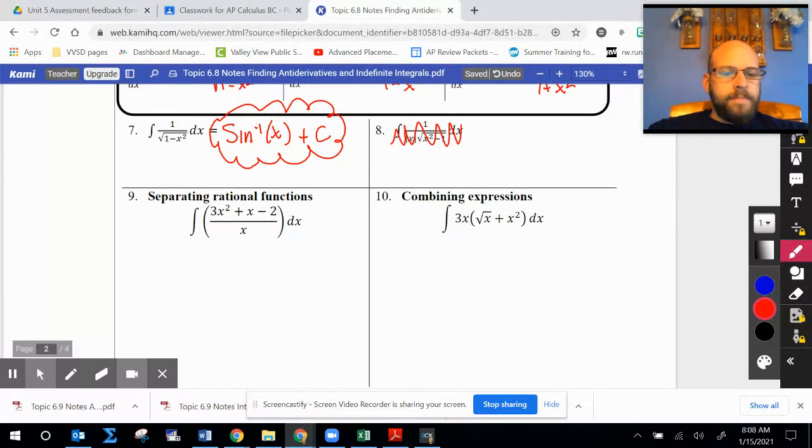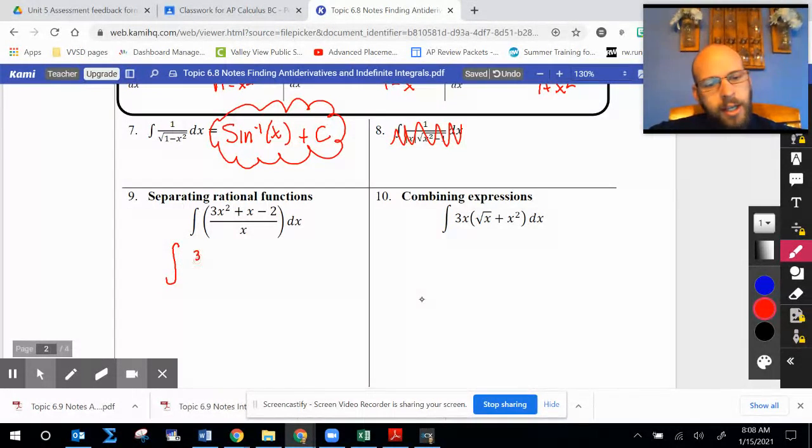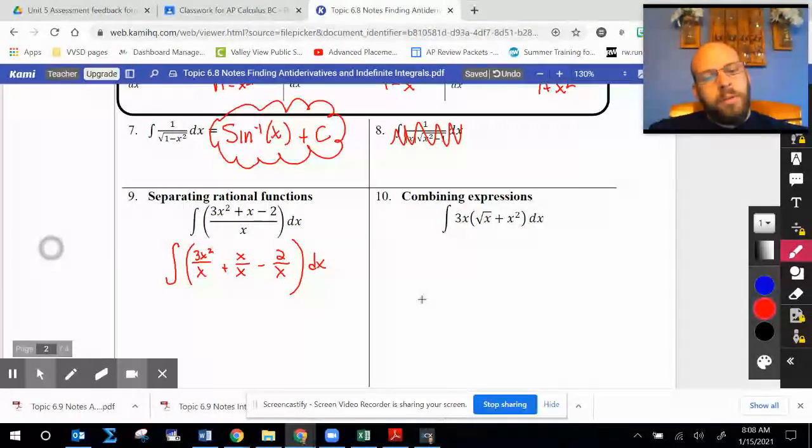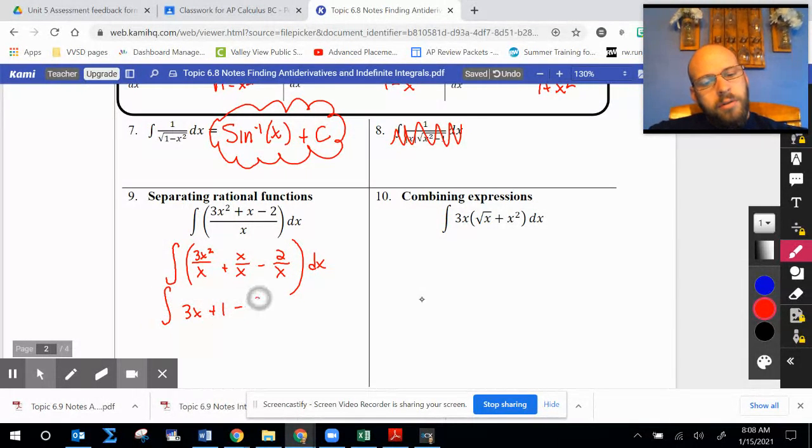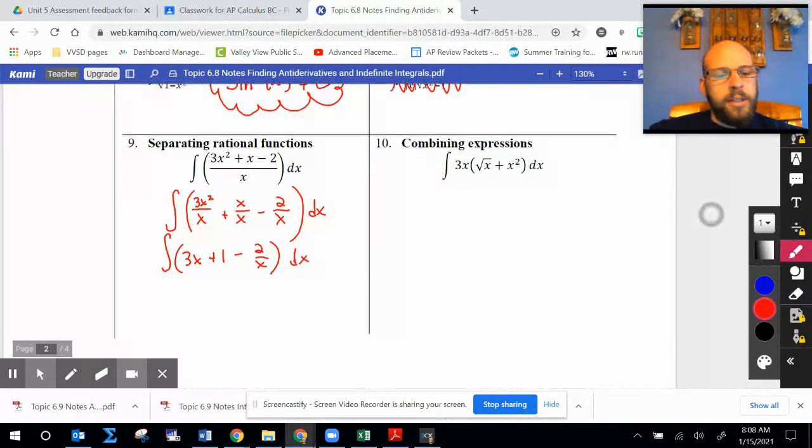All right. Number 9, we can separate rational functions. And what that means is I am just going to divide each of these terms separately by x. So whenever you're dividing by just one term, you can separate those apart. And now I can integrate each piece.